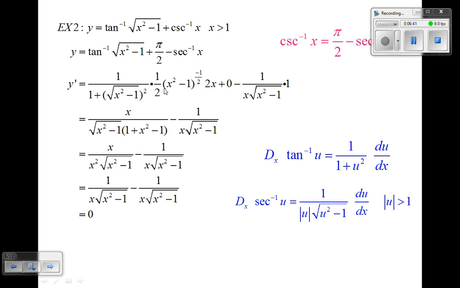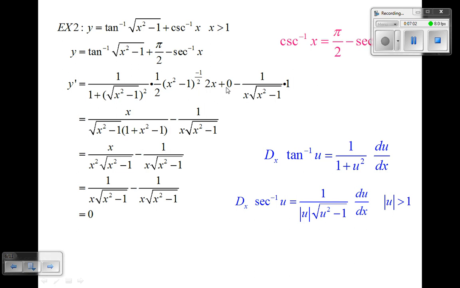So again, the derivative of my angle here, this is a 1/2 power, so a half comes down. I do power rule, rewrite the inside, subtract 1, so you get negative a half, and then times the derivative of the inside is 2x. So this entire thing, including that 2x, is the derivative of the angle.